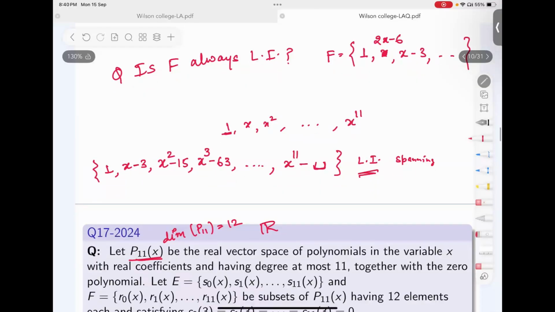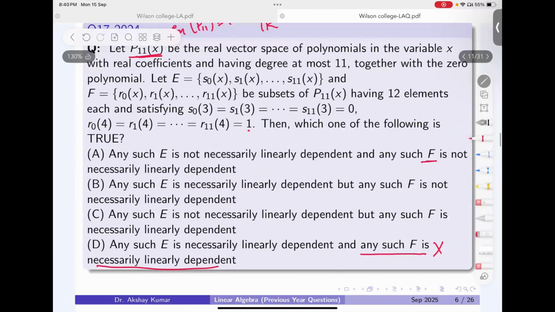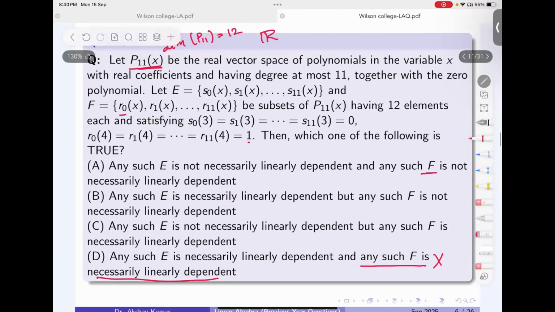So these members are not linearly independent. So this F set may be linearly independent, may be linearly dependent. It totally depends on the members. For F we cannot say anything.